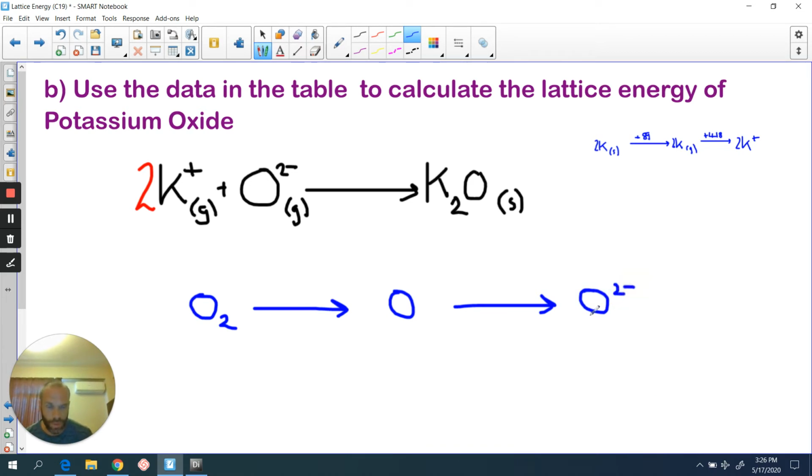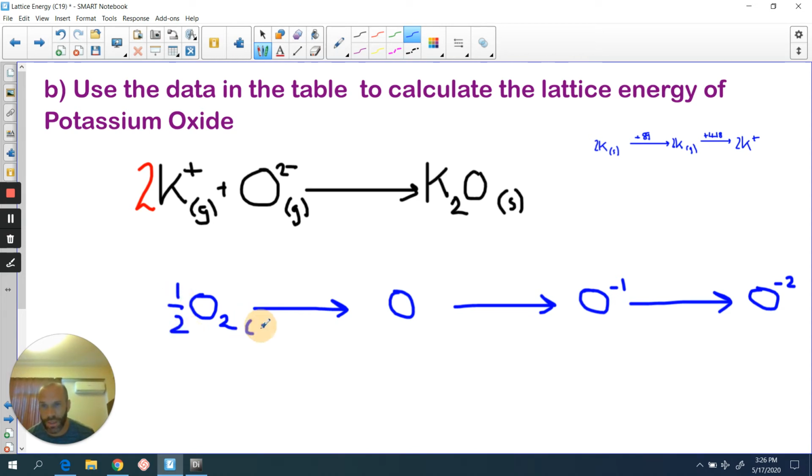But I perhaps should do this slightly differently so you really understand how we're doing this. You're going to have it first becoming a 1 minus ion and then becoming a 2 minus ion. I know perhaps you don't need this extra information, but you need to think of it like this, because otherwise you might miss out on using a particular energy value. Now let's tidy this up a bit. Obviously we've got 2 atoms of oxygen there, so that doesn't really make sense. So we need to have half here.